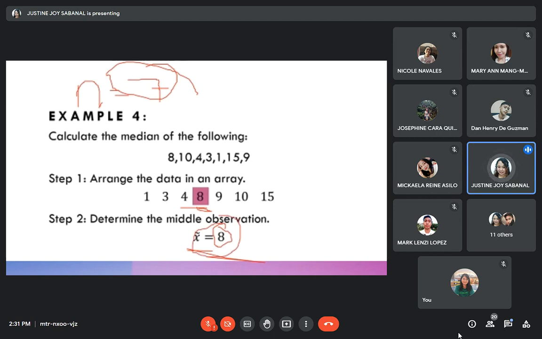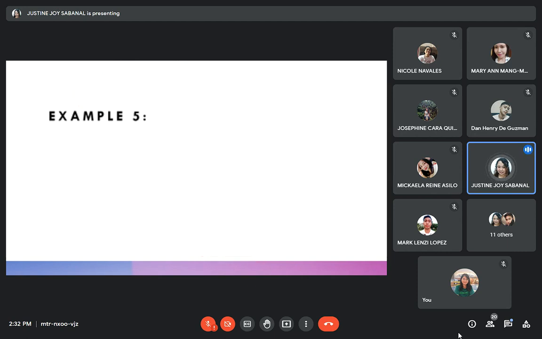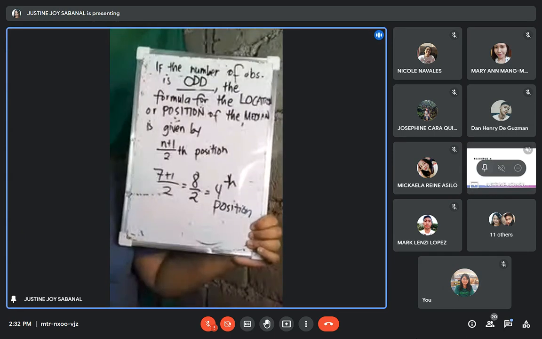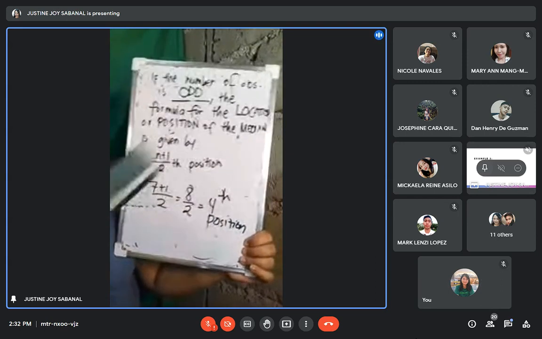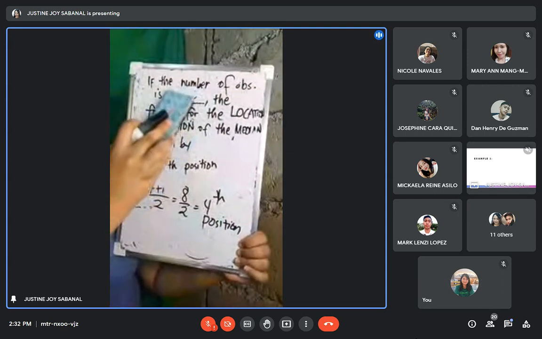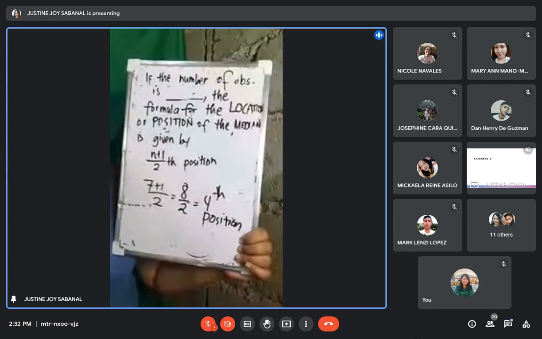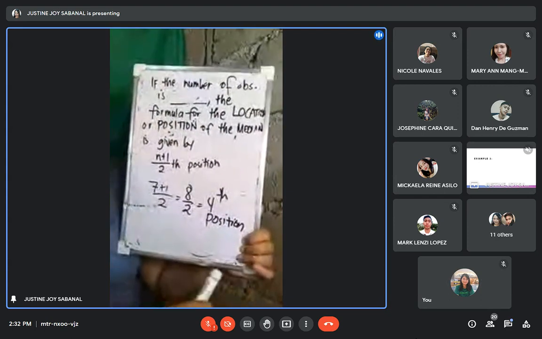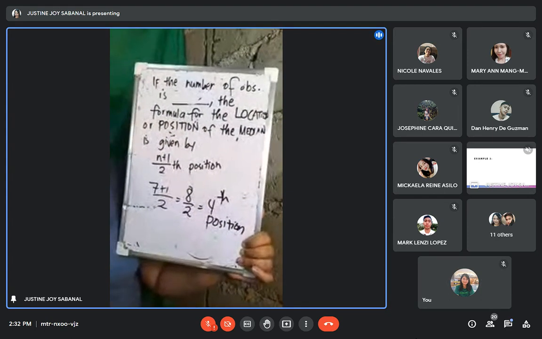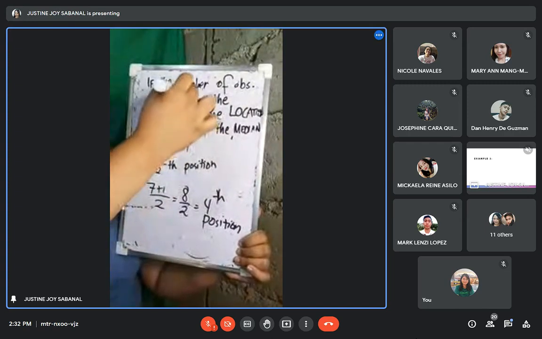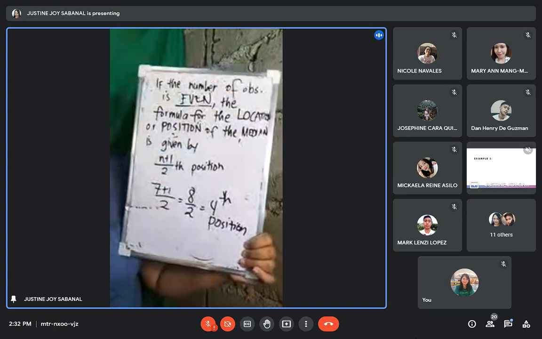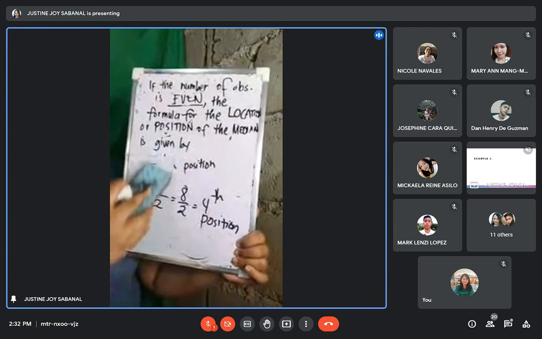So, yung sumunod po na aspeto, patungkol naman sa even number of observation. Ito yung formula ng location para sa even numbers. Pag even numbers na yung pinag-uusapan natin, dalawa po yung value na nasa gitna. So, dalawang formula din po yung para sa location.